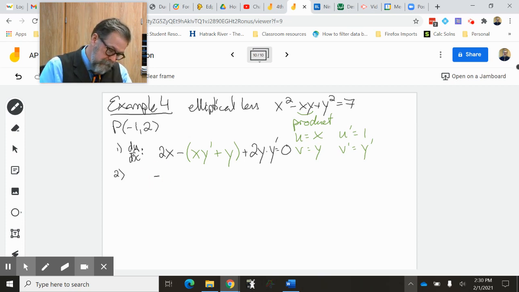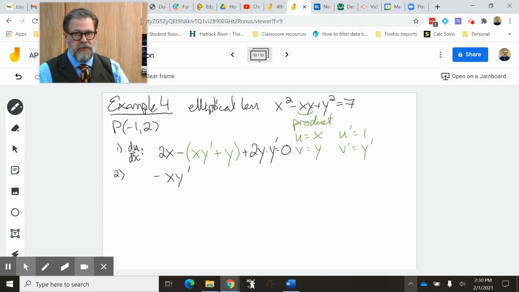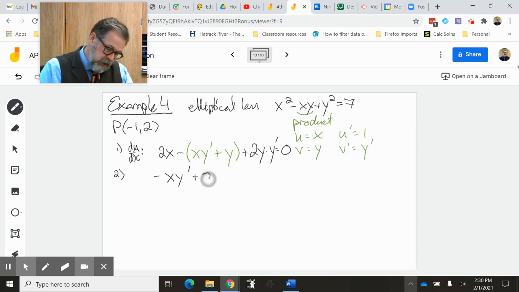So step 2, we're going to collect all the dy/dx terms on one side. So I've got minus xy prime. Notice how much easier it is to write this when I just write y prime and I don't have to write a whole bunch of dy/dx's, plus 2y dy/dx, or y prime, equals, and I'm going to subtract the 2x, and I'm going to add the y. Notice this is a minus y.